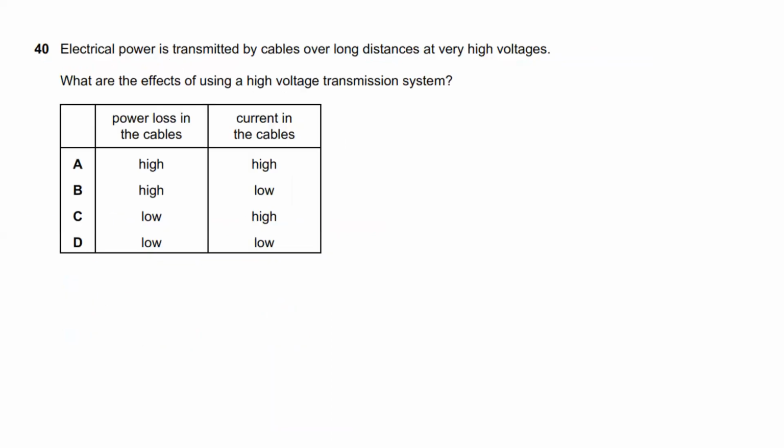Next, question 40, and this is the last question for this exam. It says electrical power is transmitted by cables over long distances at very high voltages. What are the effects of using a high voltage transmission system? So remember, we are transmitting power from one side to another.